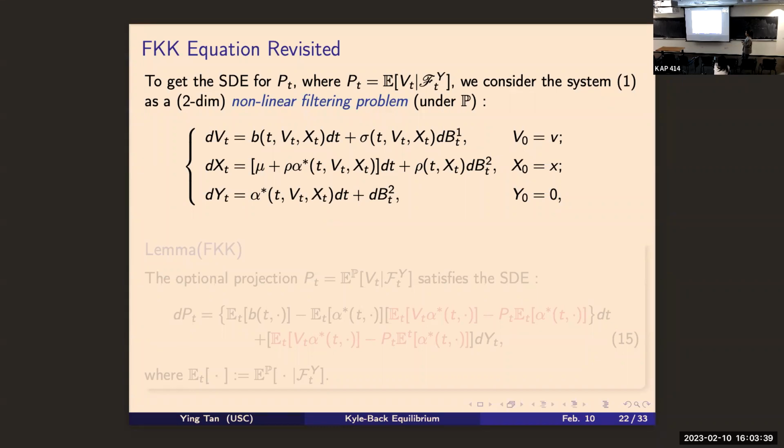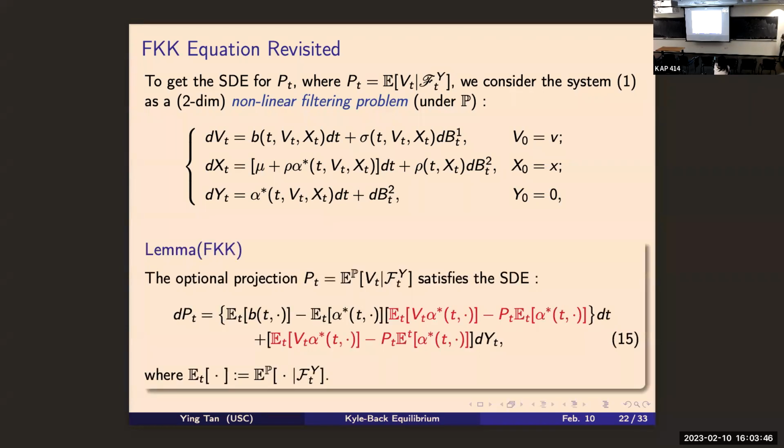If we recognize this is the filtering problem, we can apply the FKK equation to get the SDE for the market price P. We just apply the FKK equation, and we know that the market price is governed by this SDE.